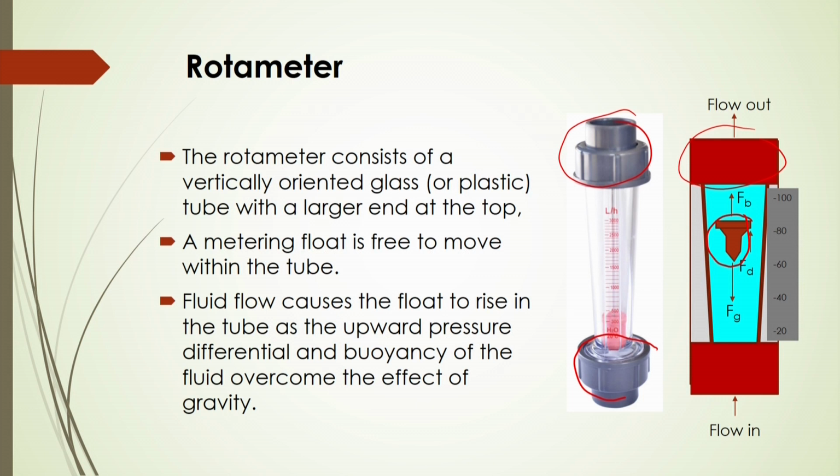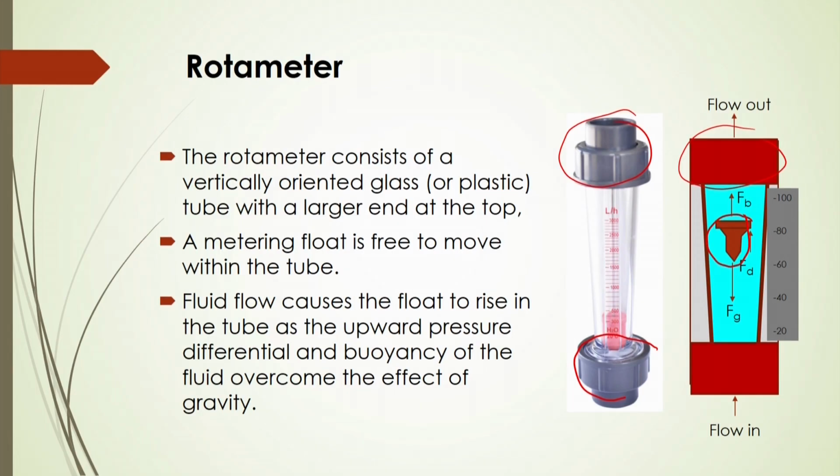At that equilibrium condition, there will be a force balance, from which you can calculate the flow rate. The position of the float on the scale gives you the particular flow rate of the rotameter. So, we will calculate that.